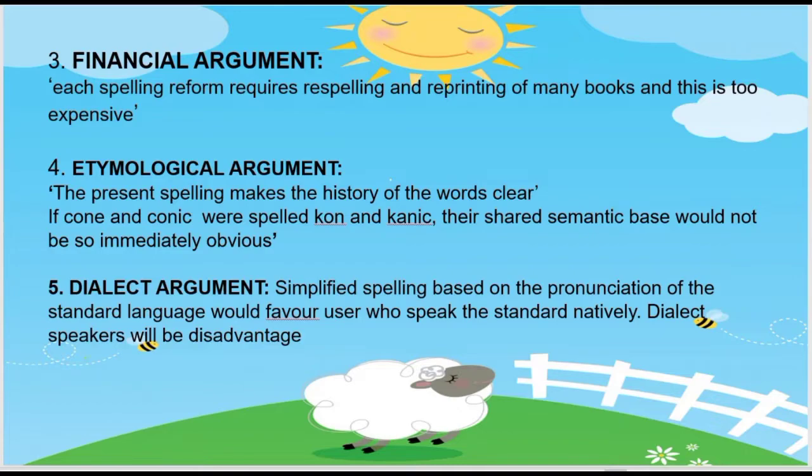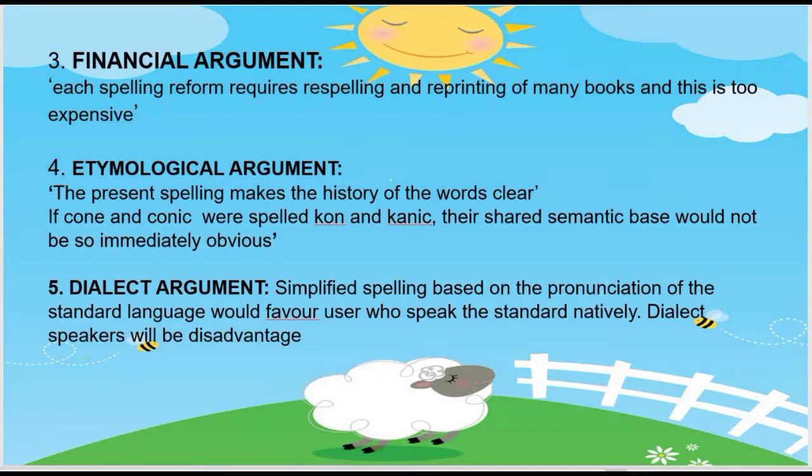We have here the example, the words con and conic were spelled with the letter K instead of C, so it was changed to K. Their shared semantic base would not be so immediately obvious.